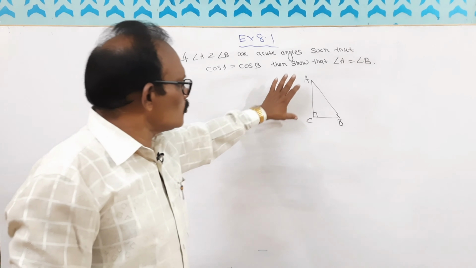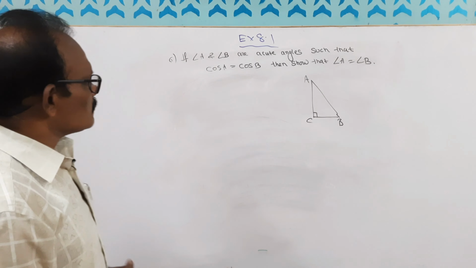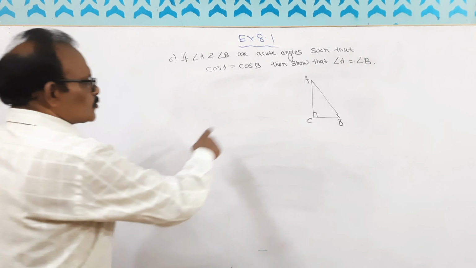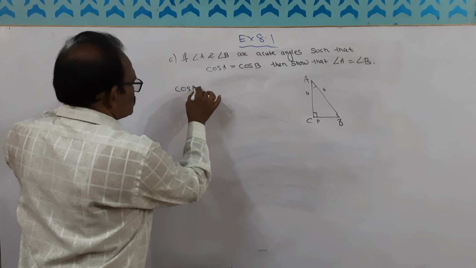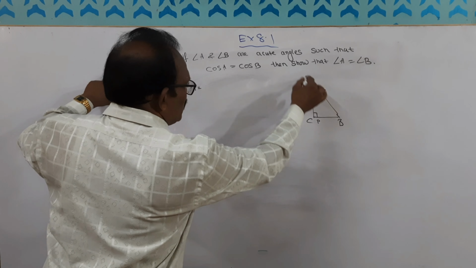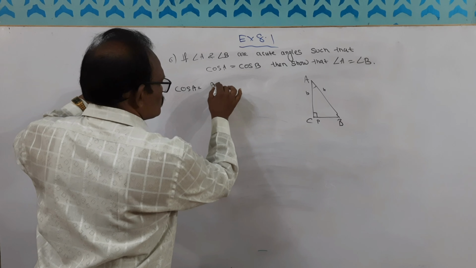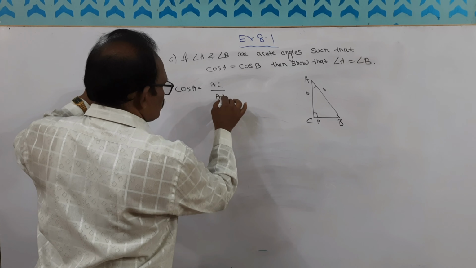Now we have to prove AC is equal to BC. Cos A means we are talking about this angle A, so this is the base, this is the perpendicular, and this is the hypotenuse. So cos A is equal to B by H, which is AC by AB.